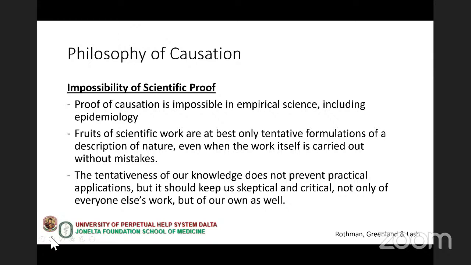They are at best only tentative formulations of a description of nature, even when the work itself is carried out without mistakes. Okay. So experiments, the researches that you have done, there's no perfect research. There's no perfect, unbiased, randomized controlled trial, etc., etc. Thereby, it's close to the impossibility of scientific proof.